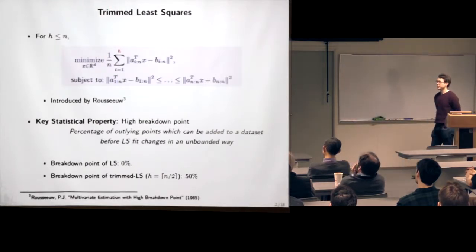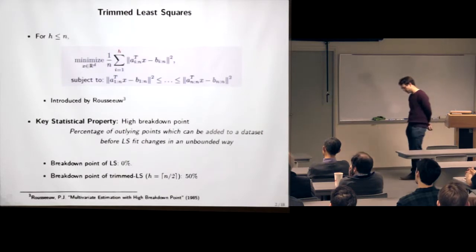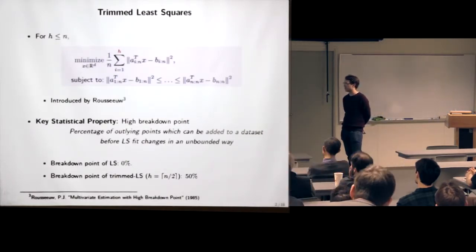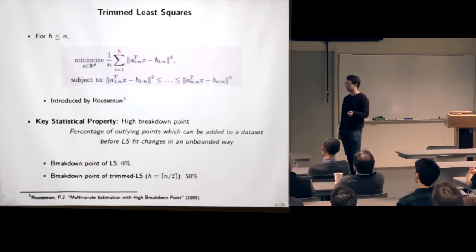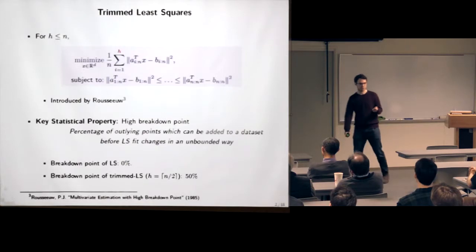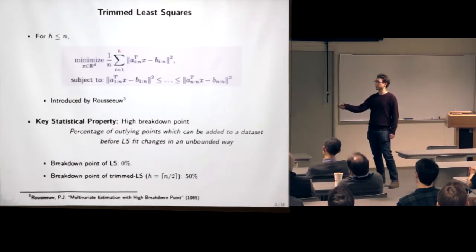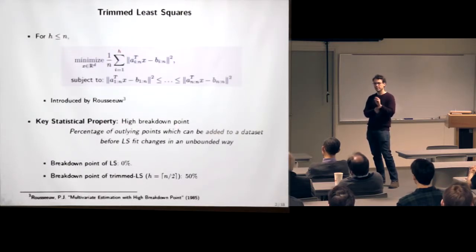I'll show you a picture of what this looks like in a second, but first let me tell you a little bit about its statistical properties. This was introduced by Rousseeuw in 1985 because it's like least squares in terms of statistical convergence rate, but it's unlike least squares in terms of this key statistical property, namely that it has a high breakdown point. A breakdown point is the minimum percentage of data that you have to inject into a model before you can arbitrarily change the fit of the model.